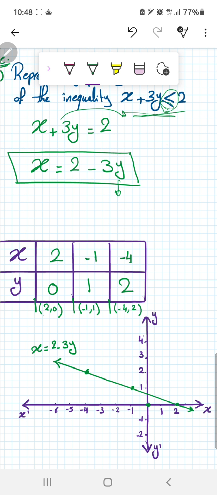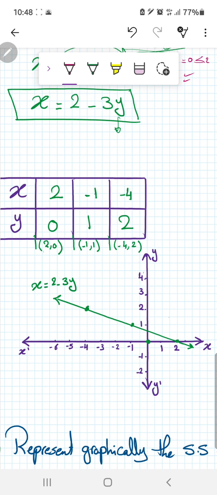Okay, so if we substitute by 0 and 0, here 0 plus 3 times 0, it will be 0. 0 less than or equal to 2, right? So here the origin point belongs to the inequality. So the solution set here will be this half of the plane, all this half.